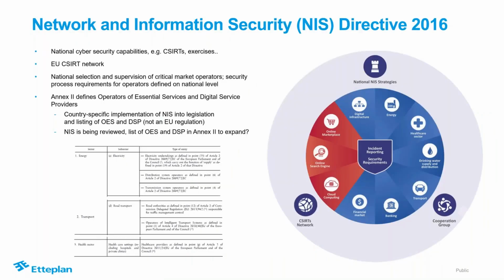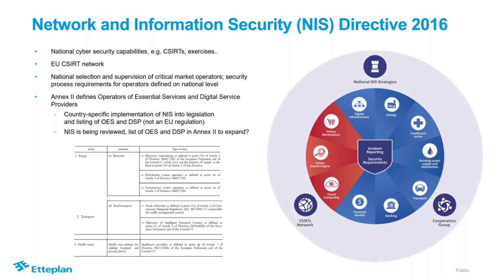One important directive for everybody that is working on device development is to know the NIS directive from 2016. This was a directive in the EU where it was made mandatory for the EU countries to have national cybersecurity capabilities, basically computer security incident response teams to conduct cybersecurity exercises and such.